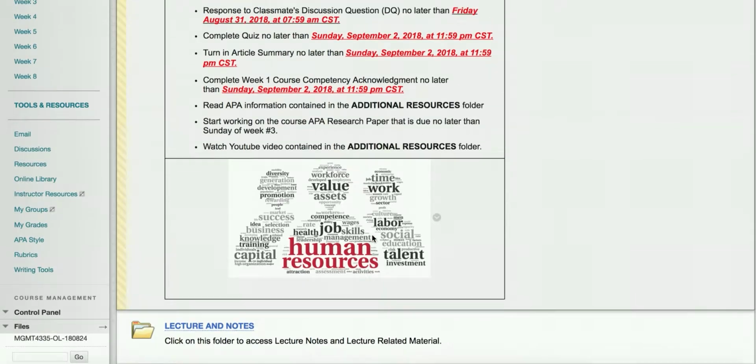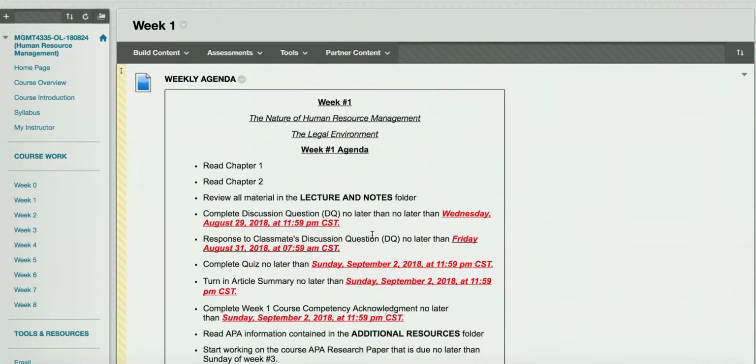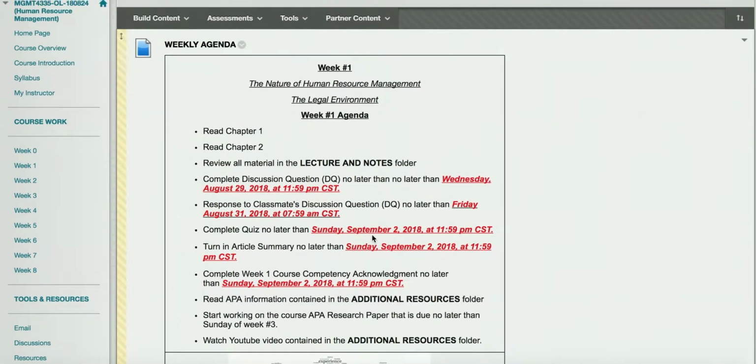I'm sure that all of you have taken courses at Hallmark before, but the agenda is set up every page. The discussion questions are all due on Wednesdays at 11:59. Now, the responses to discussion questions are expected to be there by Friday morning. You say, oh my gosh, why aren't you giving me the entire weekend?